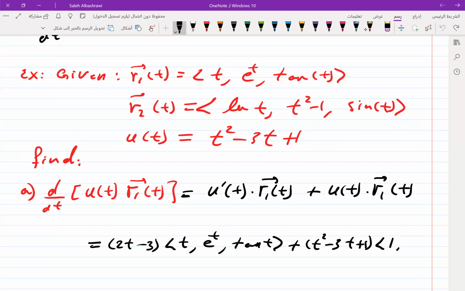That will be 1, e to power t, and the derivative of tangent is secant square.